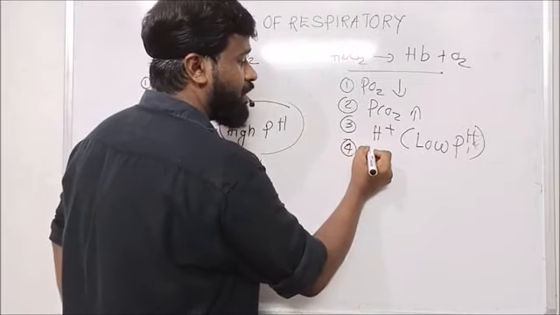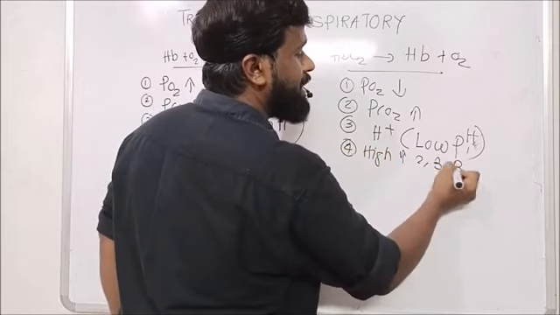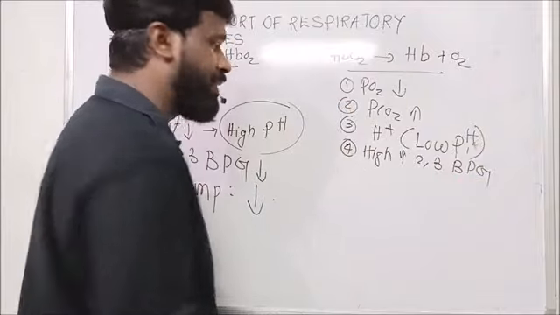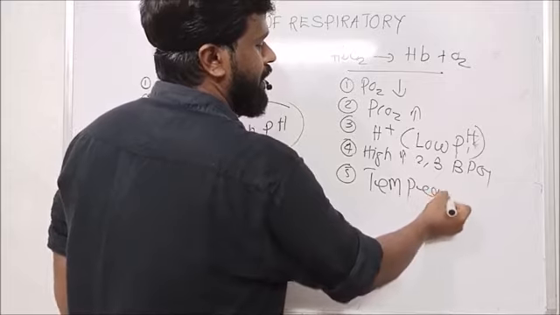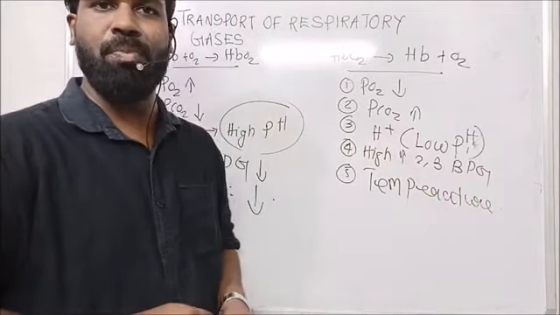Then a high concentration of 2,3-bisphosphoglycerate is another condition favorable for the dissociation of hemoglobin from oxygen, as well as high temperature. These are the favorable conditions for dissociation of hemoglobin and oxygen.